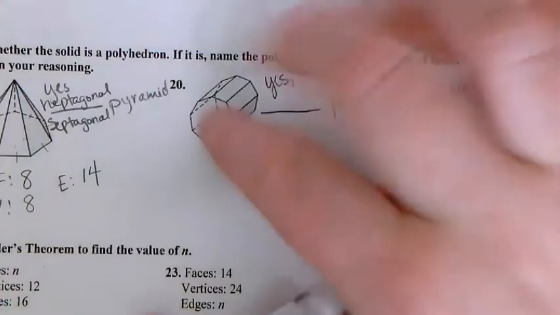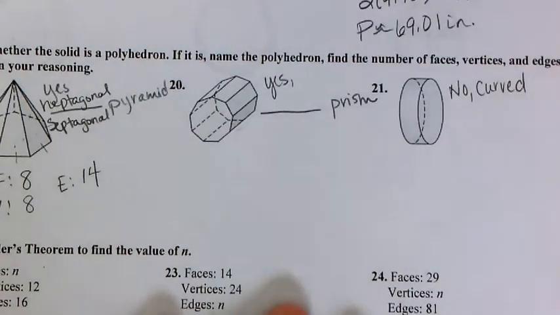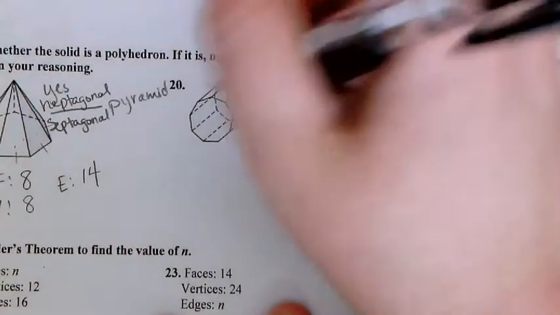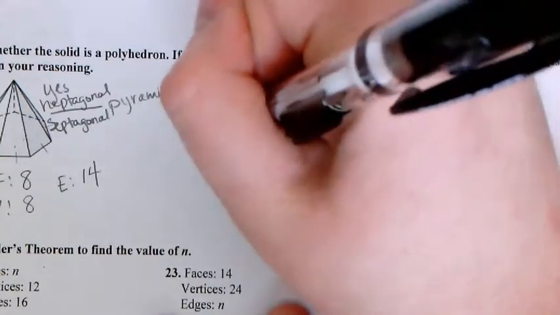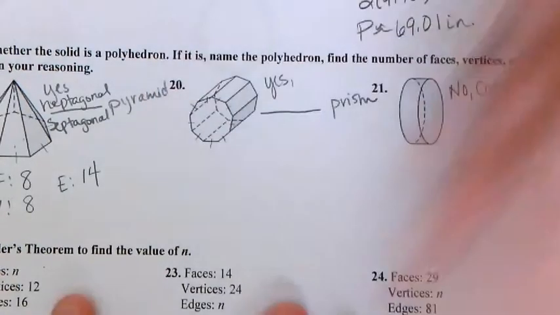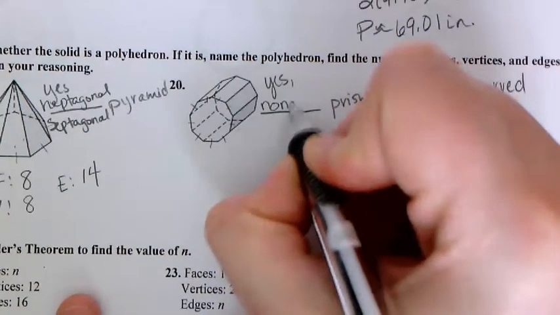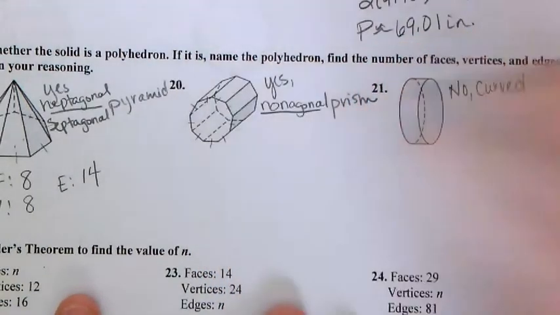Alright, so on 20, I know once again it's a prism because the two bases are the same. This has number of sides, so I got 1, 2, 3, 4, 5, 6, 7, 8, 9, so that's a nonagonal prism.